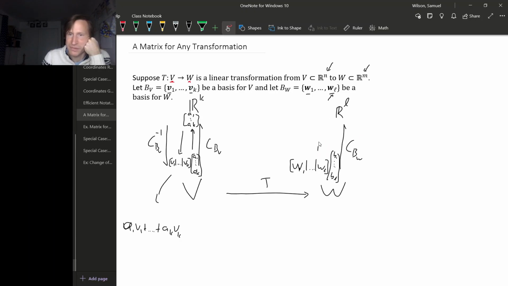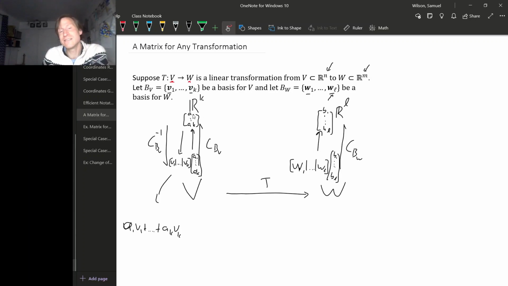This coordinate map sends this to the vector of the coefficients, so B1 through BL. Okay, so starting in RK, doing this inverse coordinate map and then T, and then the coordinate map over on the W side, the composite is a linear map from RK to RL.